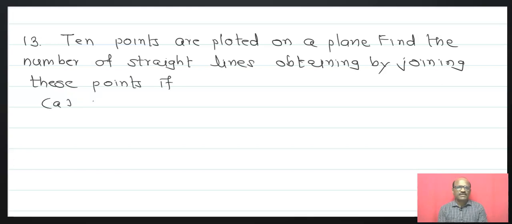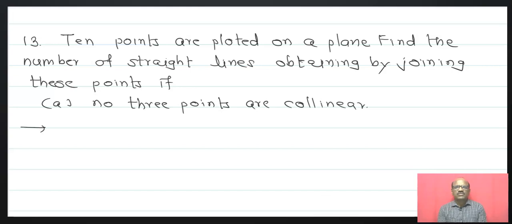If there are 10 points on a plane, find the number of straight lines obtained by joining these points, where no three points are collinear.